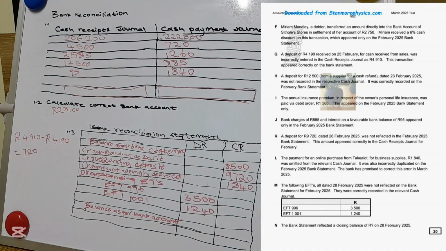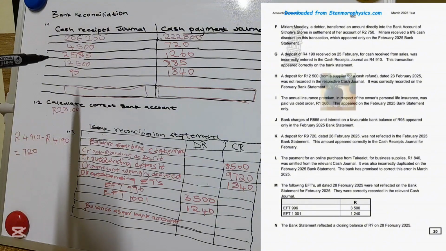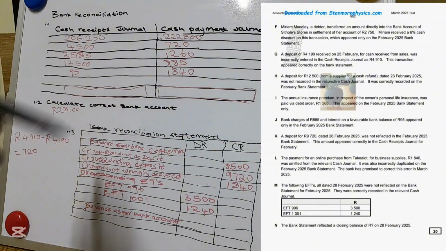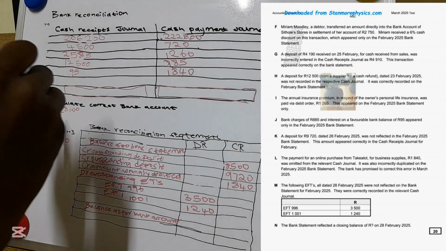To get the totals on the cash receipt journal, we are going to say 206,200 plus 4,500 plus 2,585 plus 12,500 plus 95, which is going to give us 225,808.